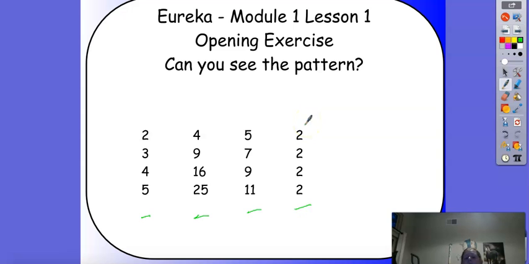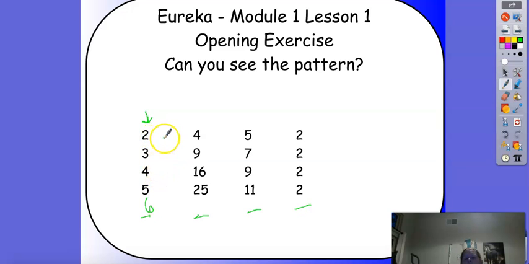Okay, when you come back, when I look at the numbers in this column here, I do notice there are 2, 3, 4, 5. I'm betting on this one being 6. Now, when I look at this one, I'm like, okay, did they add 2? But I don't add 2 each time. Well, wait, I could multiply times 2 to get to 4, but 3 times 2 would not be 9.